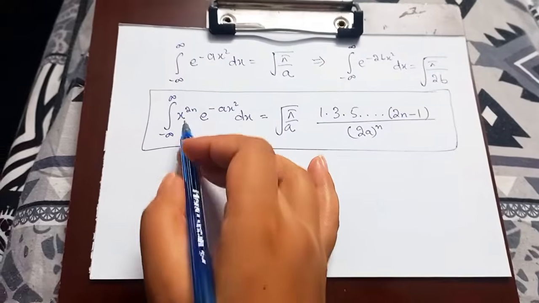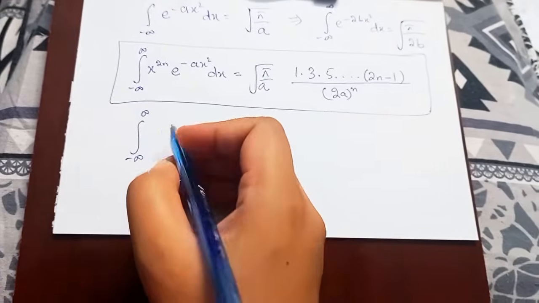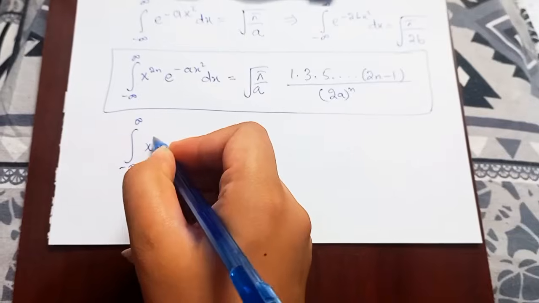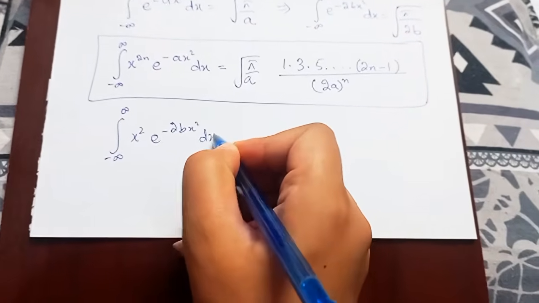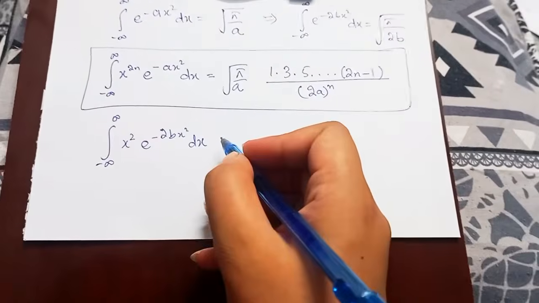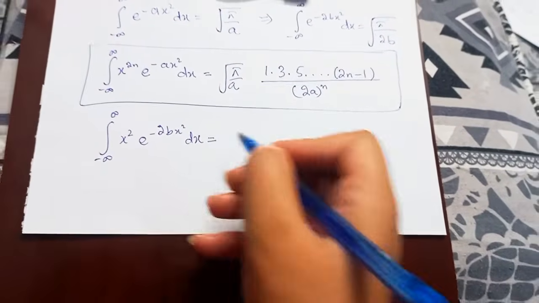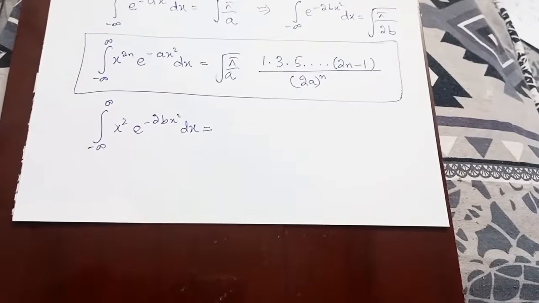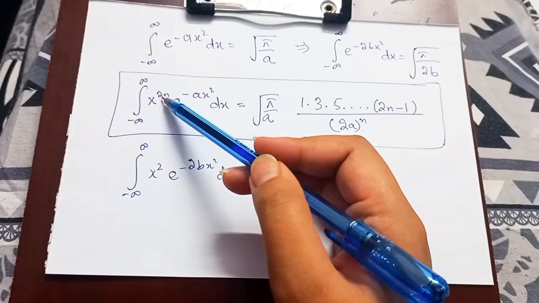So the one we are interested in, we want to find out the value of this integral. We can do our substitution to get its value, and it will work this way. We can see here that it's x to the power 2n.